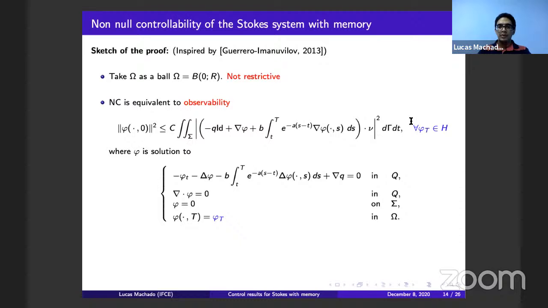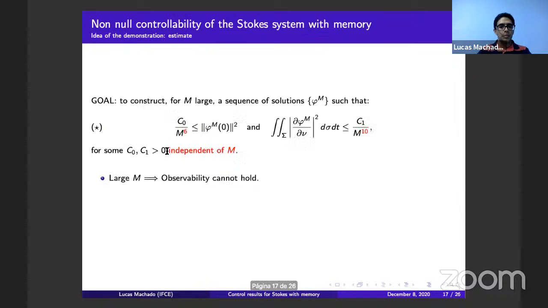Here you have an estimate for M^10, and here an estimate for M^6. For M large enough, we have the contradiction. Well, and therefore we don't have null controllability.